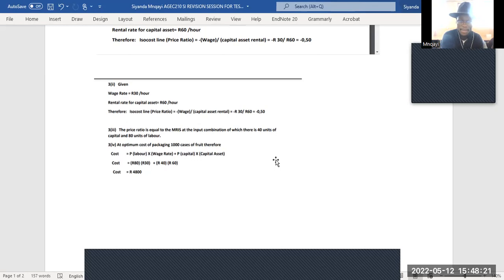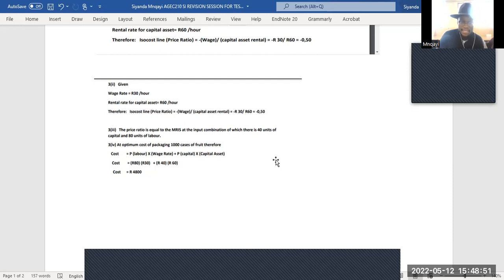Since we have found the prices, and we know there are 40 units of capital as well as 80 units of labor, for the labor case we say P into labor times wage rate. Something that has to do with labor must always be a wage or salaries, right? Something that has to do with capital would be capital assets, right?